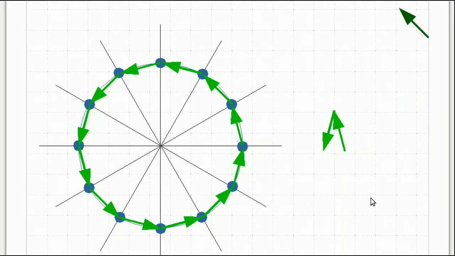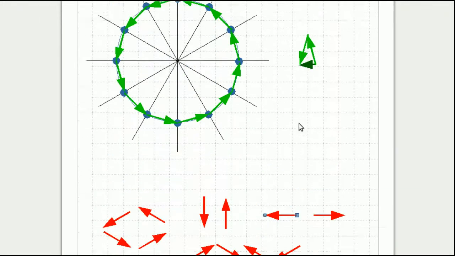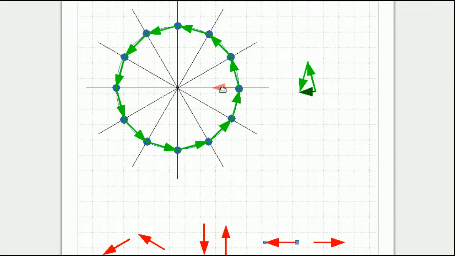And there you see that delta V is that way. And so that says that the acceleration at that point is directly into the center, right? So I can grab that and stick it there. And if you repeat this analysis everywhere else, you're going to find that the acceleration is into the center at every point here.